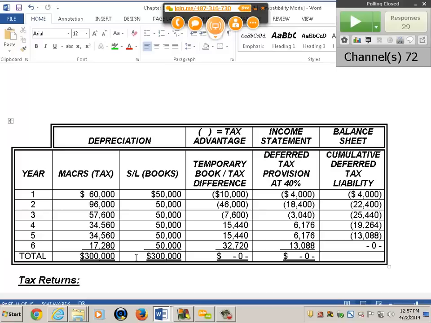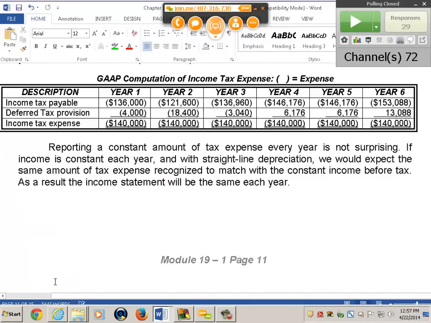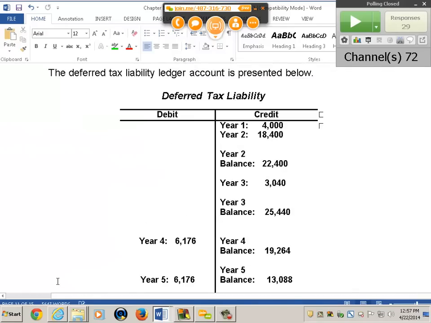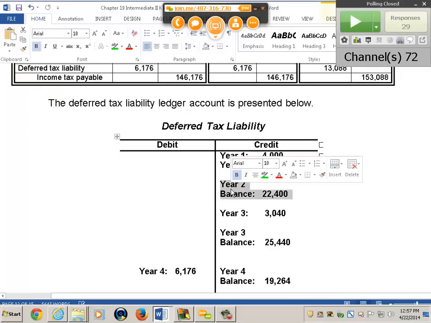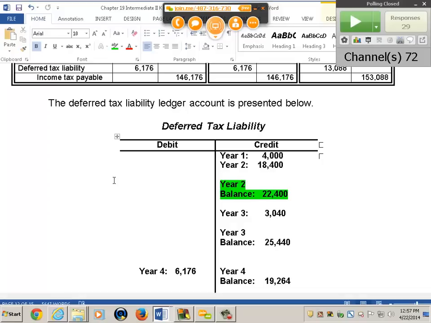So what I want you to be cognizant of, in fact, let me show you the T account now. We're going to go over this again, but keep in mind that if you look at the T account, these balances are cumulative until they start to reverse.